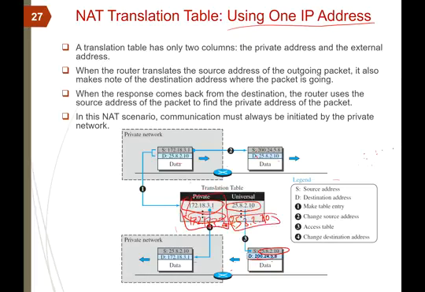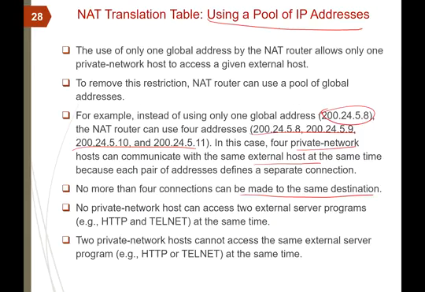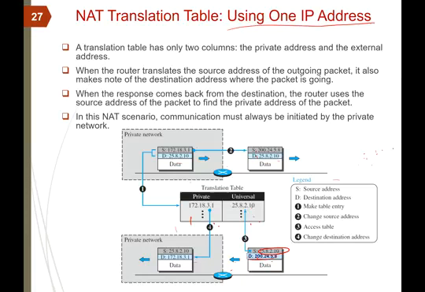So to which one do you forward, this one or this one? To remove this ambiguity, we can use a pool of public IP addresses. So if 2 devices want the same destination, one can go through this public IP, and another one can go through another public IP.